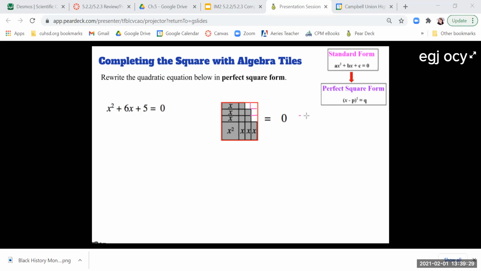So we're going to also add 4 in over here because we need to be balanced. So if I add 4 on the left, I better add 4 on the right. And what that looks like in our equation then is we just add 4 on both sides of the equation. And that gives us a new equation.